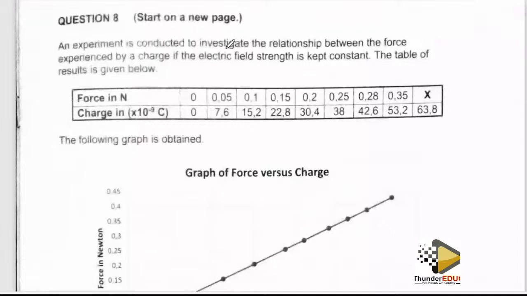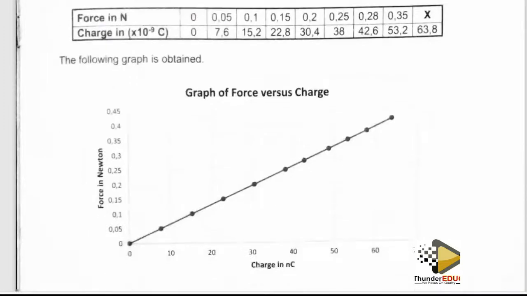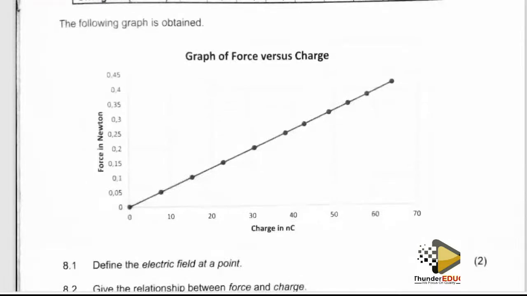Question number 8. An experiment is conducted to investigate the relationship between the force experienced by a charge if the electric field strength is kept constant. Okay, so we have the force and then the charge. There we go. Then they even drew for us a graph, which is kind of a straight line from 0, and it's an increasing graph.